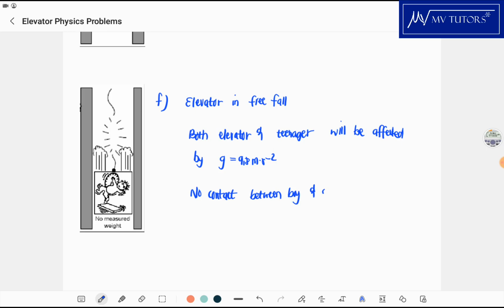Between the boy and scale, there won't be any contact. And if there's no contact, then your normal force is just going to be 0. So there will not be any reading on the scale because there's no contact. Remember, the scale reads the normal force, and in order for you to have a normal force, there has to be contact.